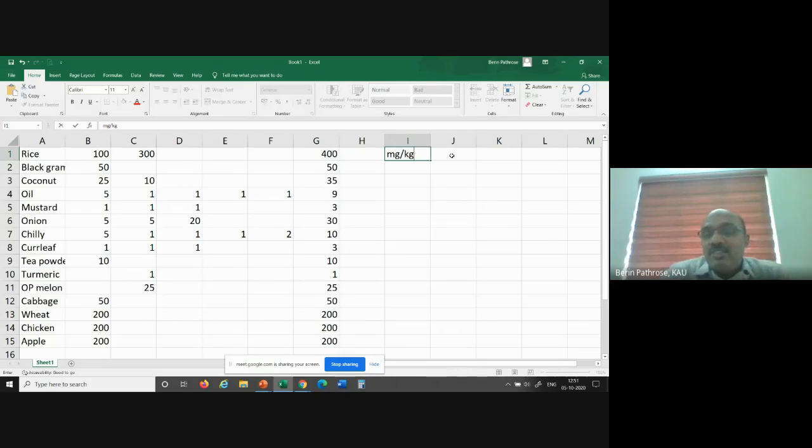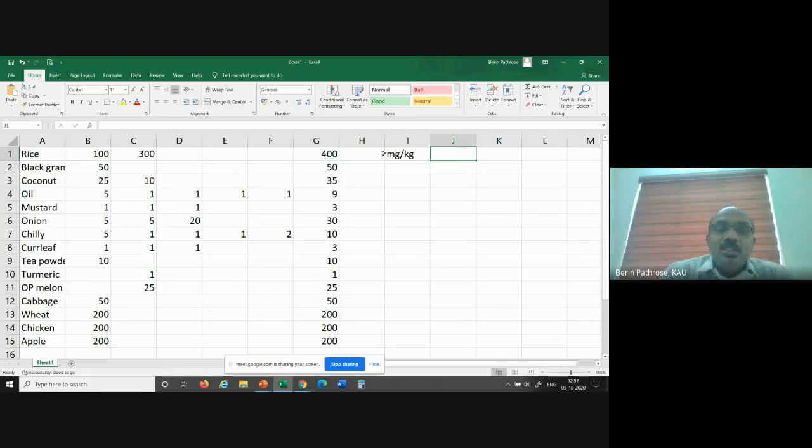Theoretically we consider that whatever commodity we consume has residue at the MRL level, even though some commodities may not have pesticide and some will.